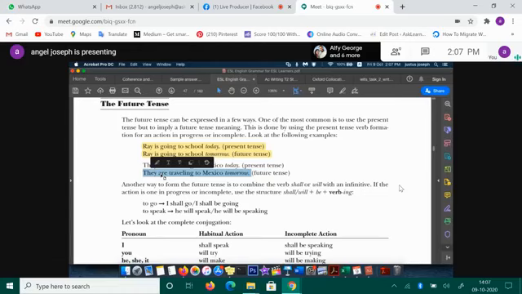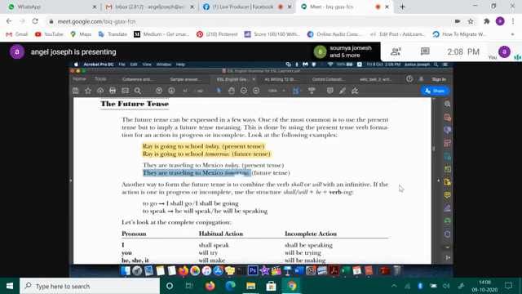Okay, I would not say the sentence is now in future tense, but rather I would say they mean something is going to happen in the future, or they are trying to disclose an information or an action that is going to happen in the future.